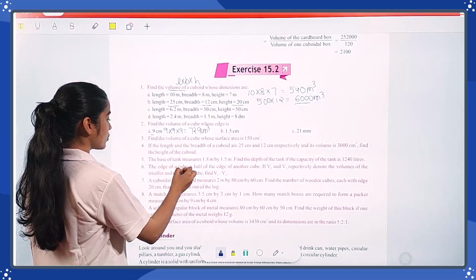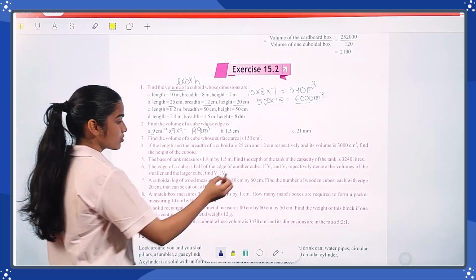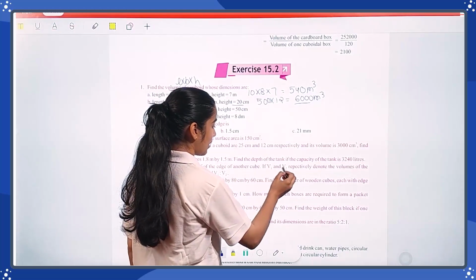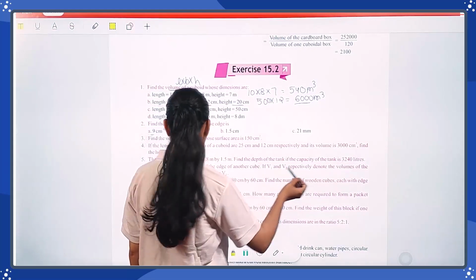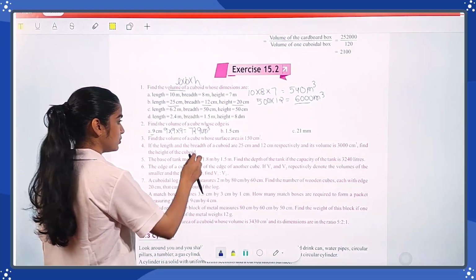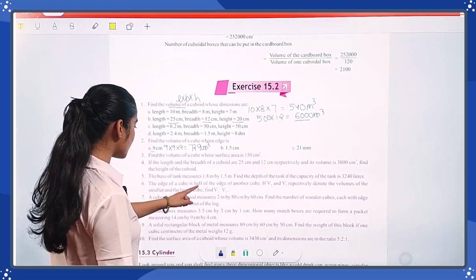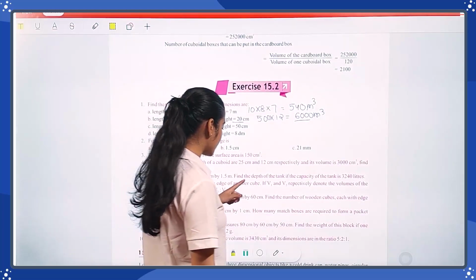The edge of a cube is half of the edge of another cube. Okay, so if V1 and V2 respectively denote the volumes of the smaller and the larger cube, find the ratio V1 to V2. So the edge of a cube is half of the edge of another cube.